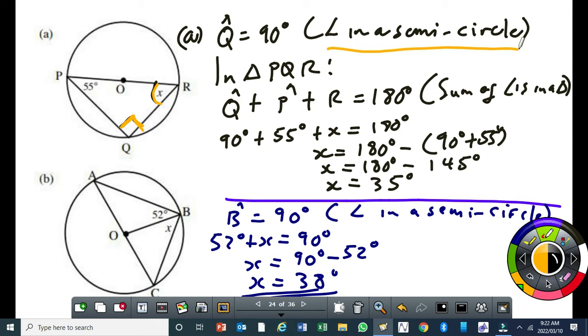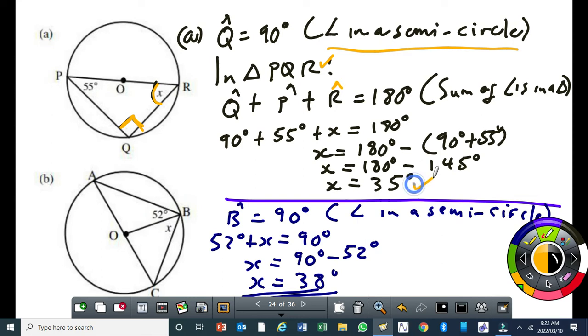Every time you are dealing with triangles, identify the triangle, name the triangle. So here, in triangle PQR, angle Q plus P plus R add up to 180, and the reason: sum of angles in a triangle. When you substitute, you simplify.